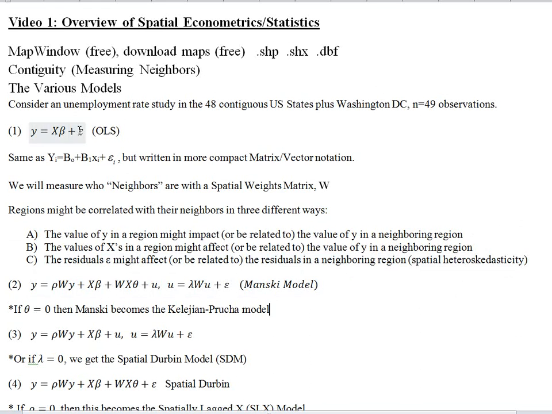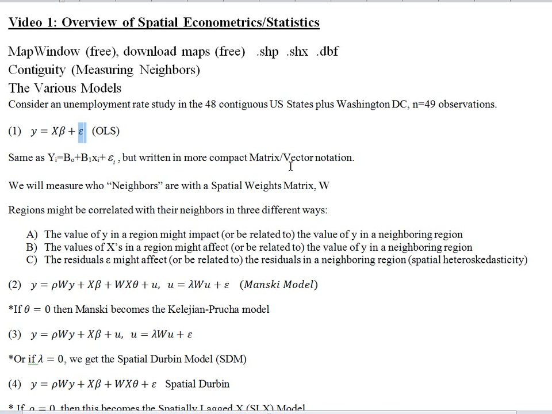So it might be that if we observe a high unexplained value of unemployment in Virginia, that might somehow help explain why there's a high unexplained unemployment rate in North Carolina.